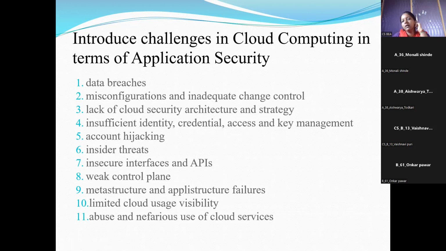So these are some of the challenges in cloud computing in terms of application security.